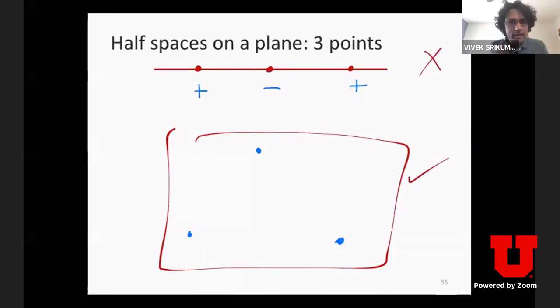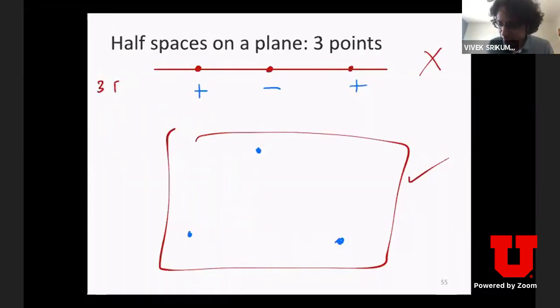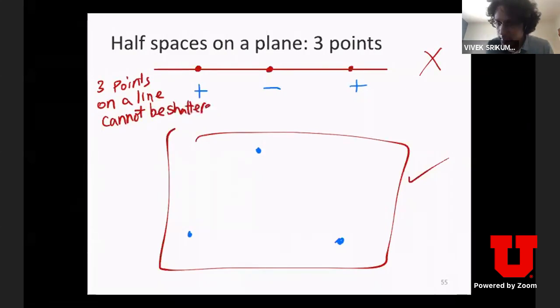But remember, shattering is a property of a set of points and a function. So we say, more generally, collinear. I don't know if collinear has a single L or a double. So I'm just going to write 3 points on a line. So 3 points on a line cannot be shattered by half spaces. Half spaces is just a line, right?